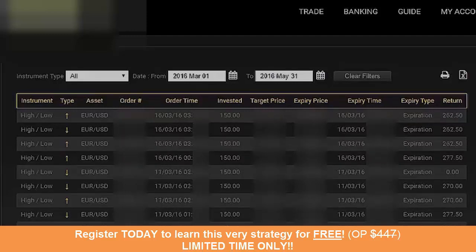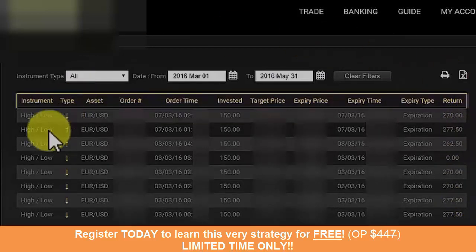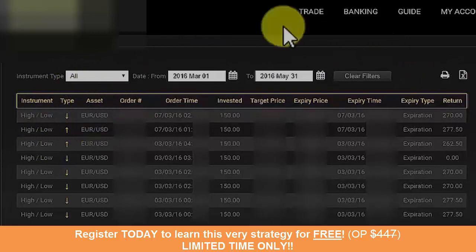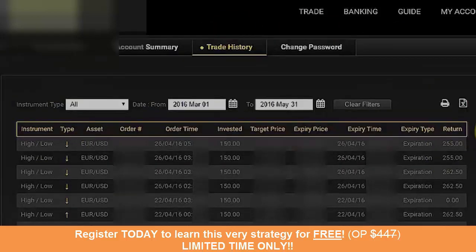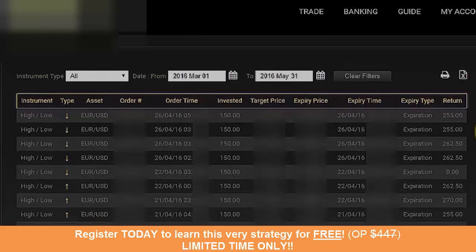The other thing you will notice is that the returns are different. You'll be wondering, it's the same instrument, the same asset, why are the returns different? Well, the returns do change from time to time, based on time and on the asset you're trading. At this particular time, the Euro USD may be giving you a return of 70%, but the Aussie dollar may not.